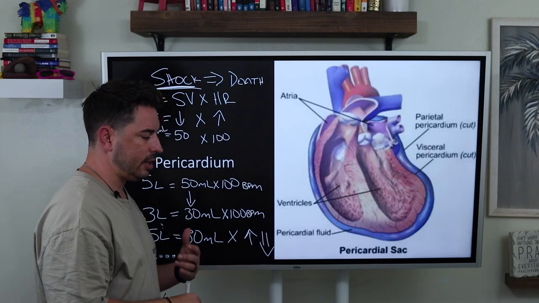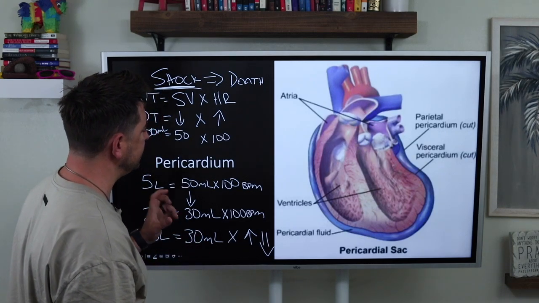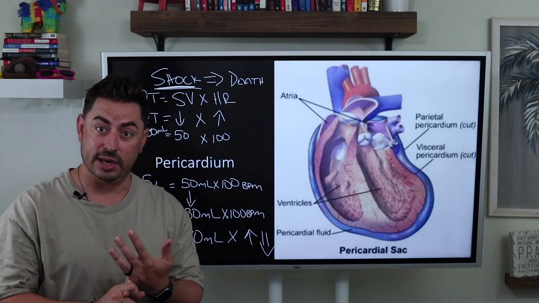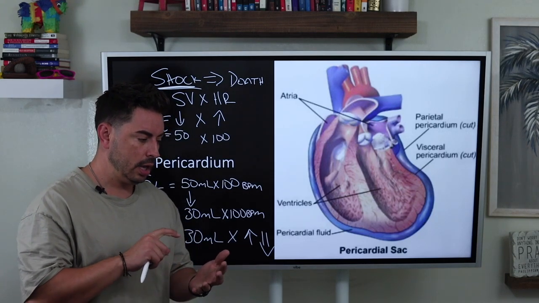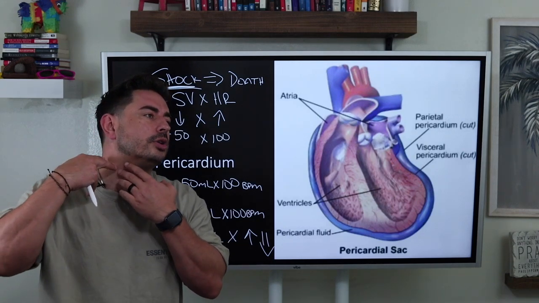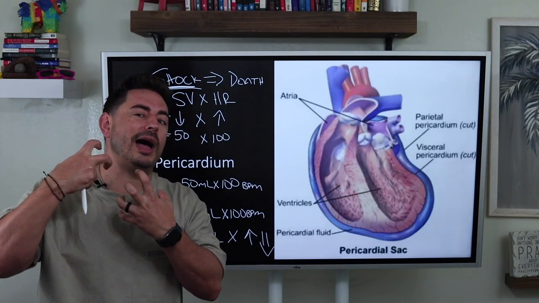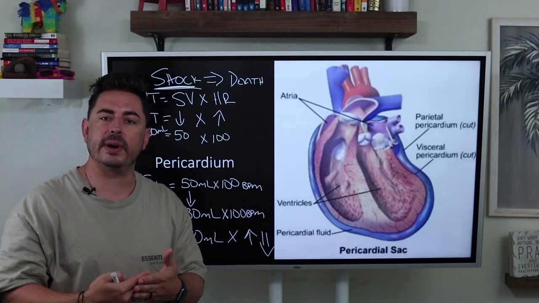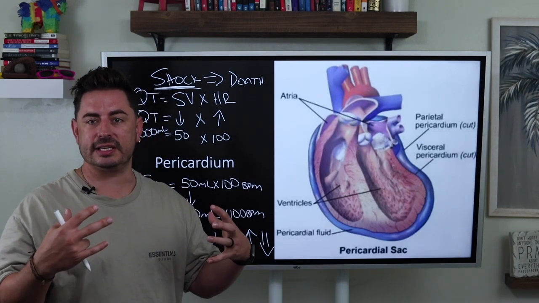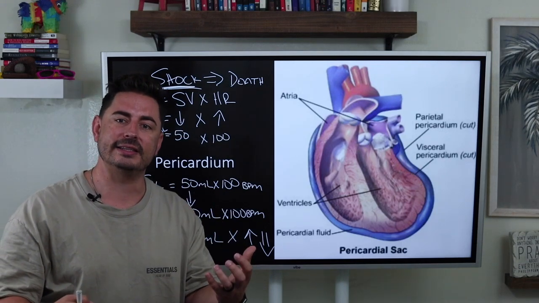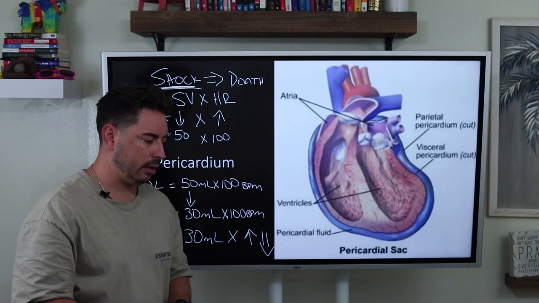Some of the things you might see when the patient presents with cardiac tamponade: you would see hypotension, decreased blood pressure. You would see JVD, jugular venous distension. Your jugular veins are going to be popping out like the Rock after a workout. You're going to see pulsus paradoxus: as the patient takes a breath in, you'll see a decrease in the blood pressure, and as they exhale, you'll see that come back up.